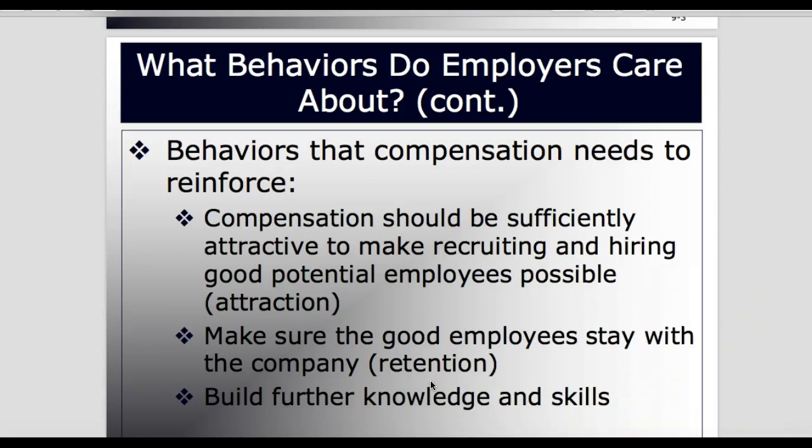They care about the employees being good employees, that they remain loyal, and that they're always trying to build their skills.